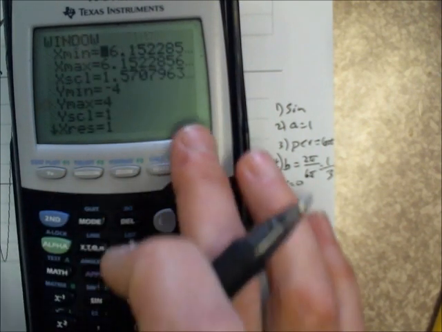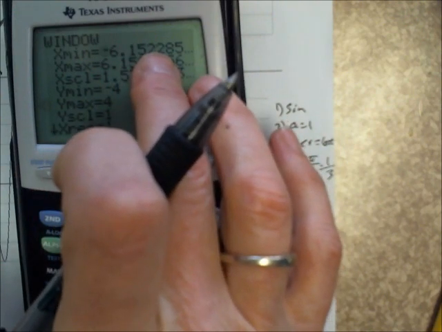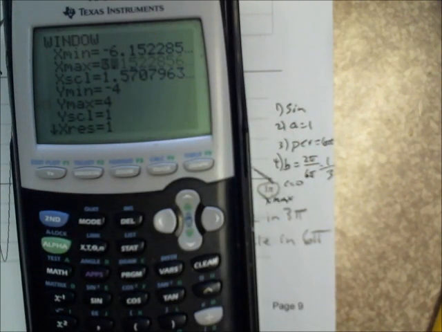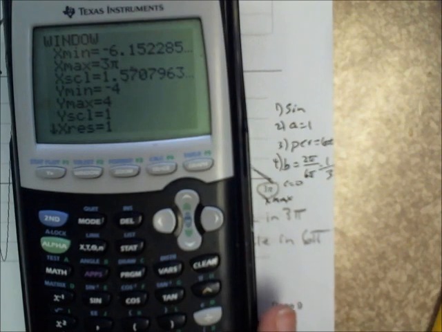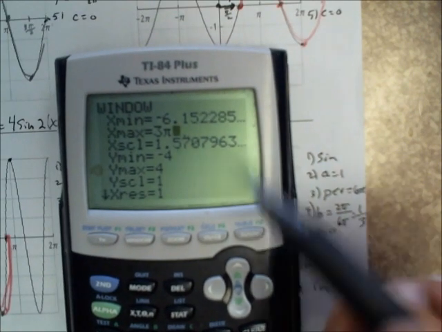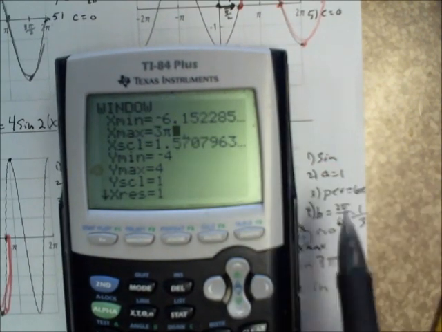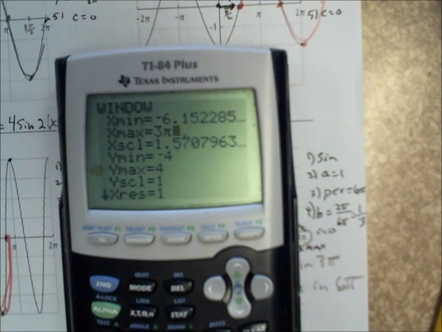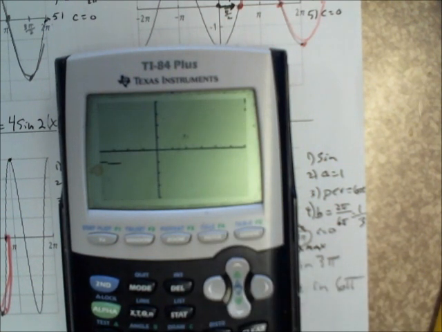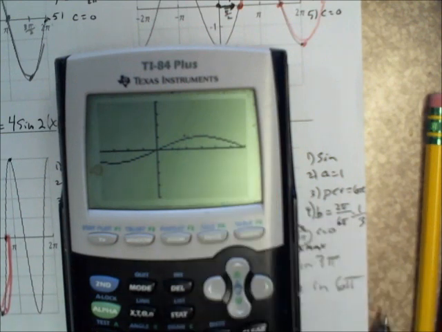But our window, instead of going to almost negative 2 pi, let's go out to 3 pi for our x max. That's under the window. So press your window button, change x max so it looks like that. And then when you press the graph button, you'll get the picture that you see on the paper. You'll see a half of a cycle completed, and this is 3 pi over here, this x max value.